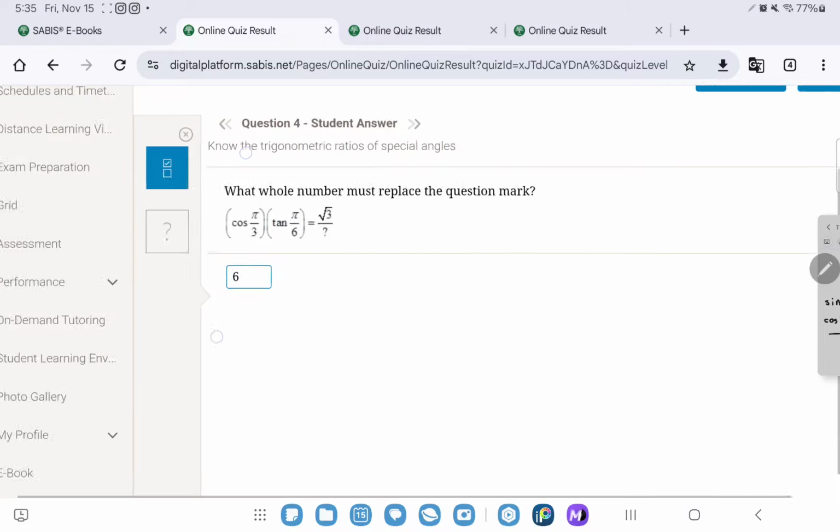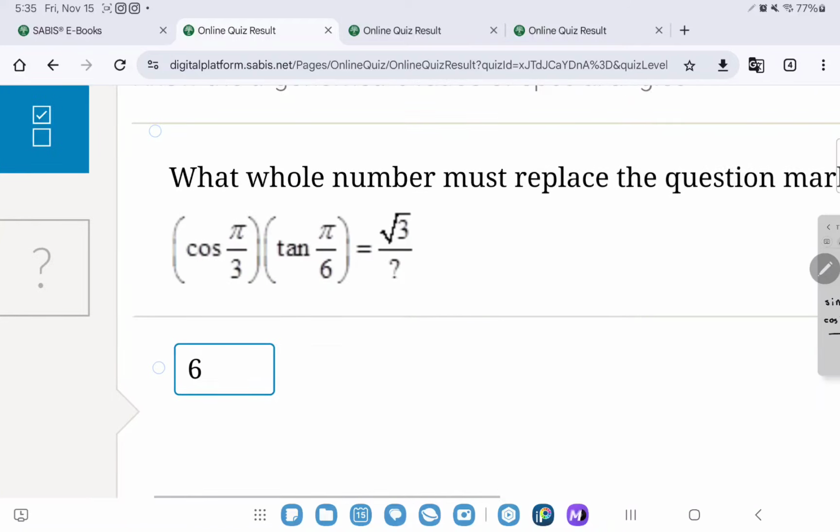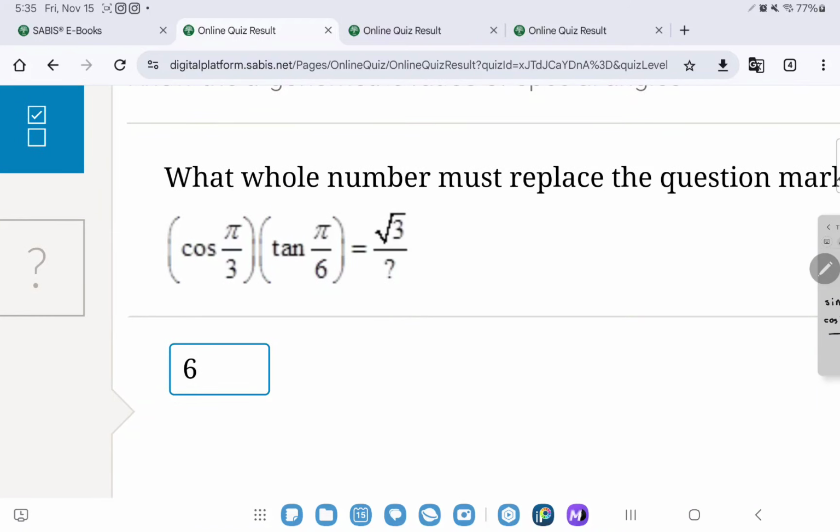For this question, whenever you see pi, it means it's radians. If you memorize the unit circle, that's good, but I find it confusing, so I'm not going to explain it. Cosine pi/3.